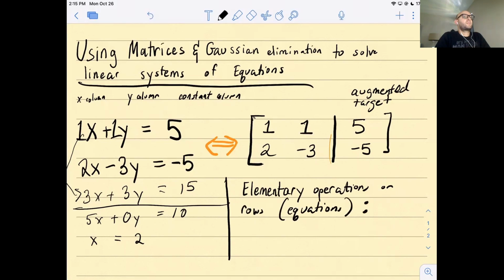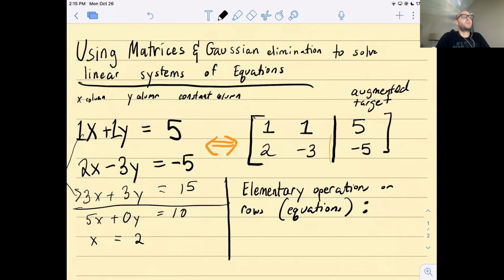So, Lily, nice. You can multiply. For example, if you have x plus y equals 5, if you multiply that entire row by 3 and swap that out and make it a new row, 3, 3, 15, it looks different. But we saw that when you have an equation and you multiply both sides of it by something, you don't actually change the meaning or the points that satisfy that equation.